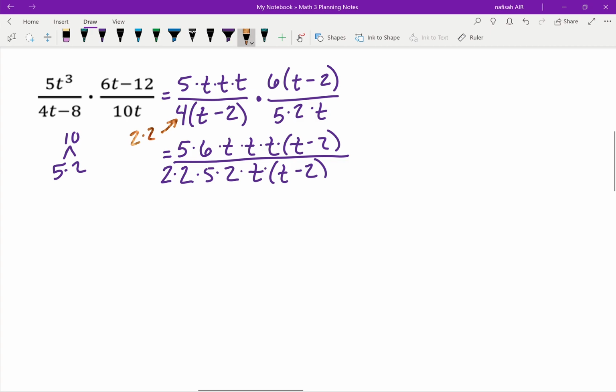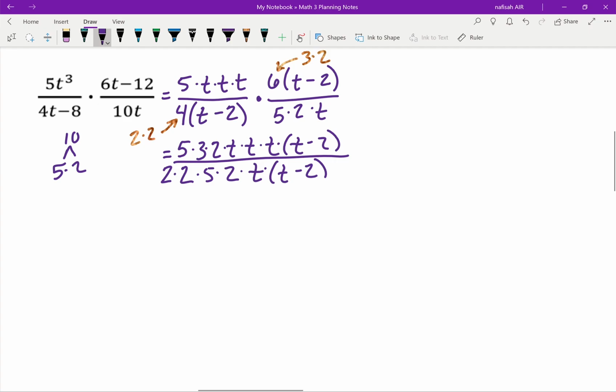I factored out the 6, but if I were to actually pay attention to what it factors out to be, it can be broken down into a 3 times 2. So I'm going to erase the 6 and hopefully just the 6. Nope, something else erased. What was it? Oh, a t. Okay, let's try one more time. We're just going to write that t back in. So that's really going to be a 3 times 2 times t. Okay, so that's something to pay attention to.